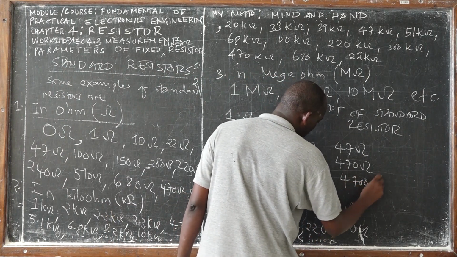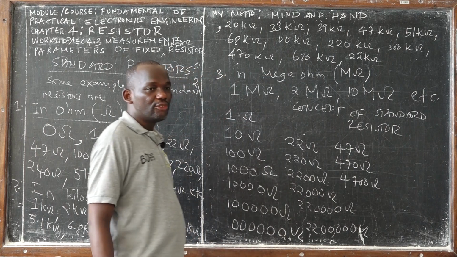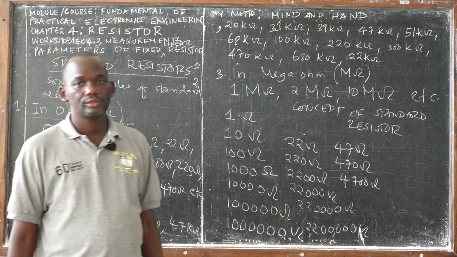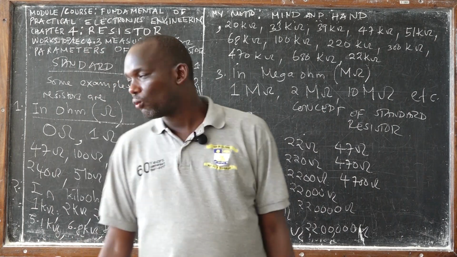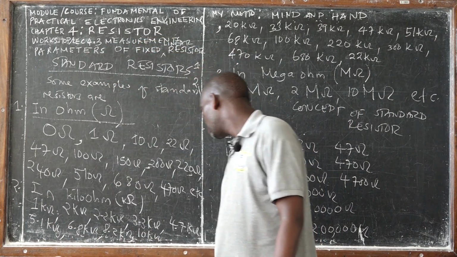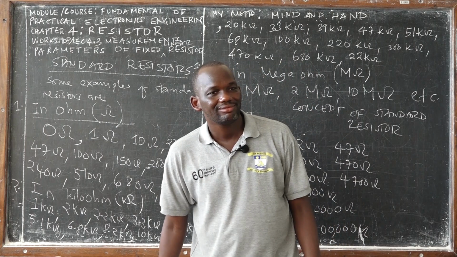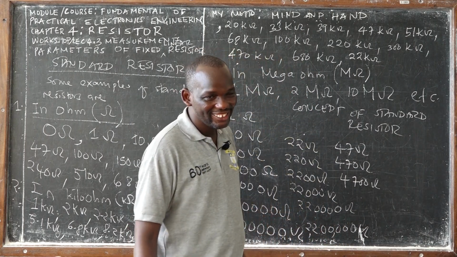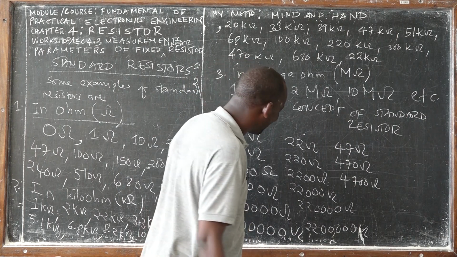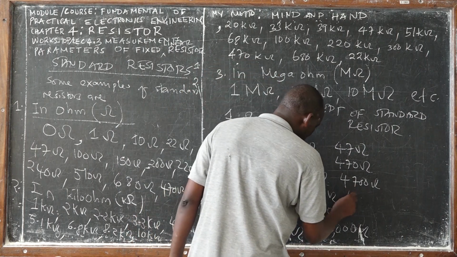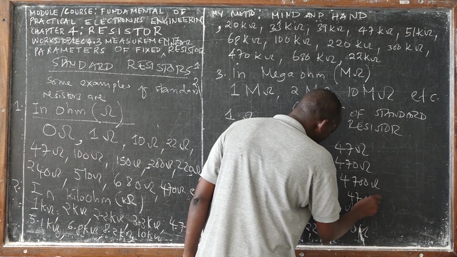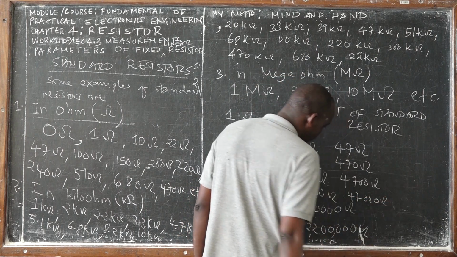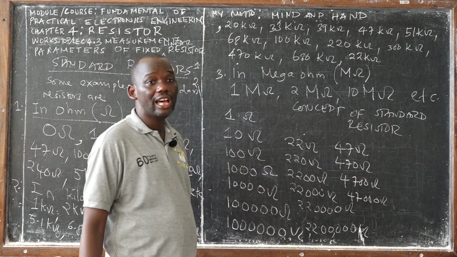4,700 ohm. Right? 4,700 ohms correspond to how many kilo ohm? 4.7 kilo ohm. Do we have it? This one. Okay, come on. This simplifies life, eh? You like it, eh? Then next is what? 47,000 ohm.